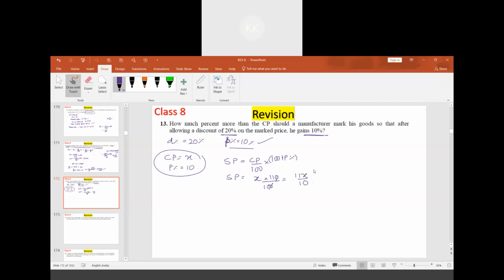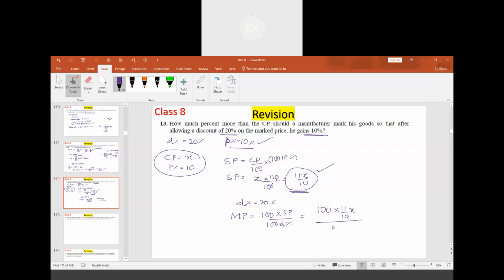This is the selling price. Now there is a discount of 20%. Discount percentage is given as 20%. So we can use this formula: market price is equal to 100 times selling price divided by 100 minus discount percent.